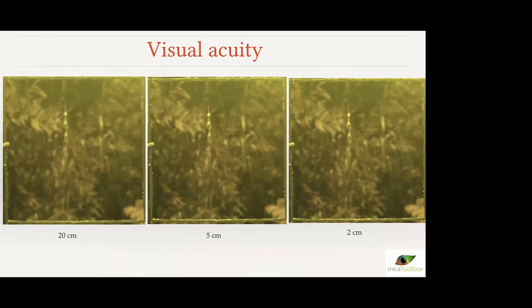It's just the X-axis, and you can just about barely tell that there's a web there. But within 5 or 2 centimeters, you can make out more details of the web structure, especially when the background is a little darker. Note that there's a lot of UV reflectance from the leaves in the background, which causes a lot of noise.